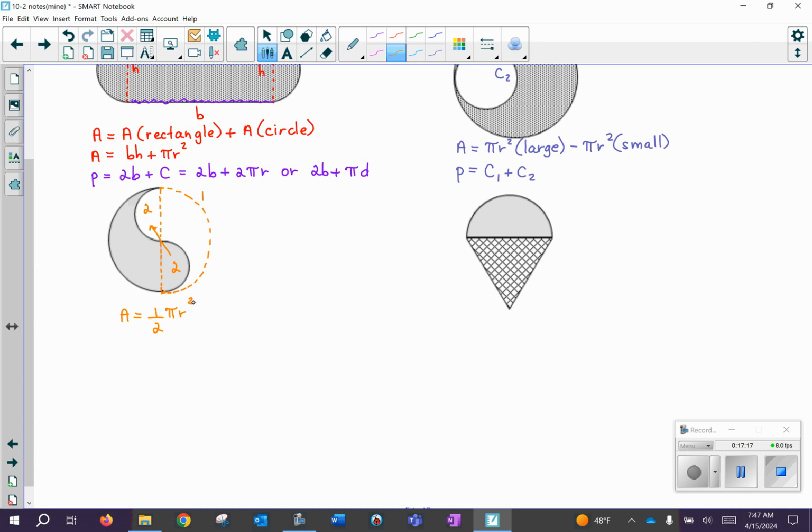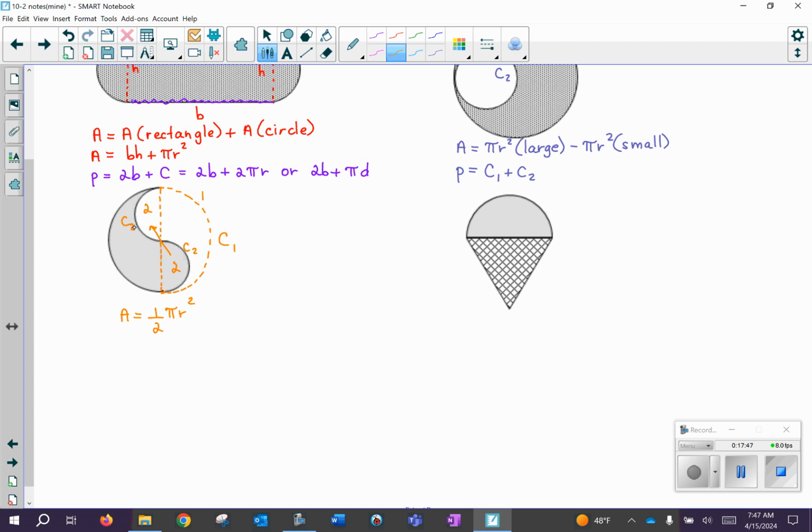Now for perimeter, right, perimeter just means the distance around the whole outside solid shape. So our way to grab a hold of that is the following. This big circle has a circumference C sub 1. This smaller circle, if you were to just slide this down, put it here, has a different circumference C sub 2. This would be part of it, and this would be part of it.